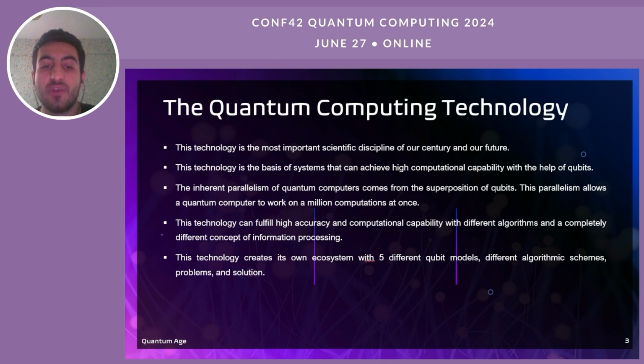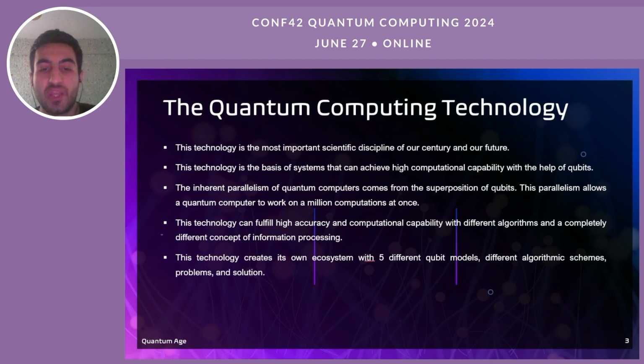This technology can fulfill high accuracy and computational capability with different algorithms and a completely different concept of information processing. It is very different because you need to design your algorithms, your gates, and your problem in this field of computing.